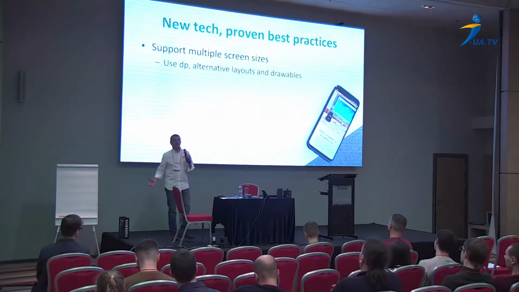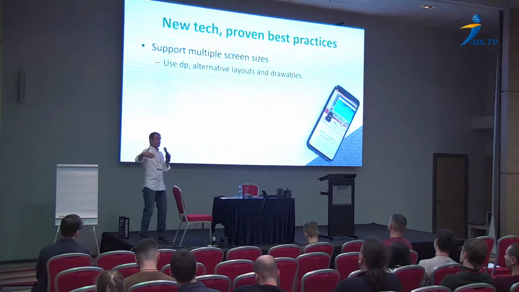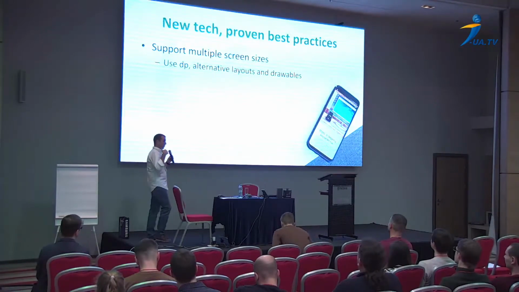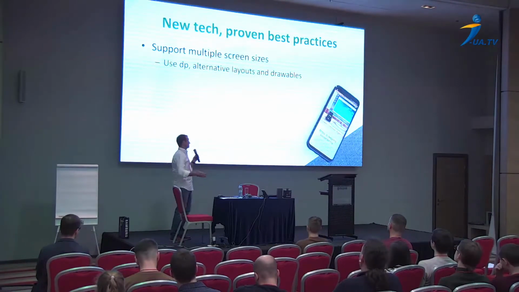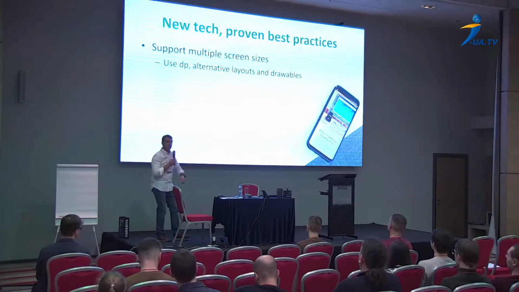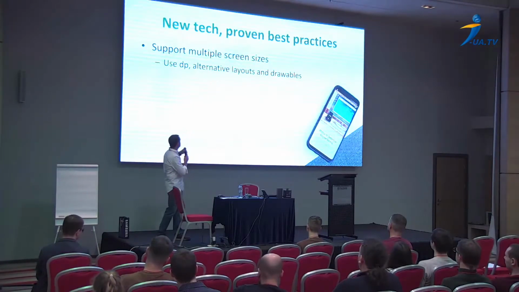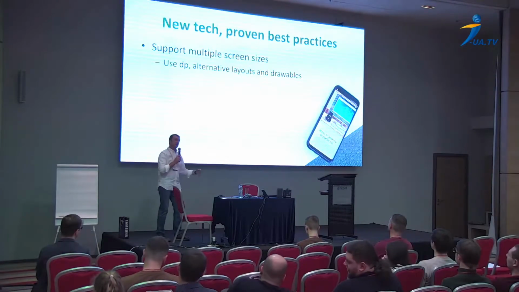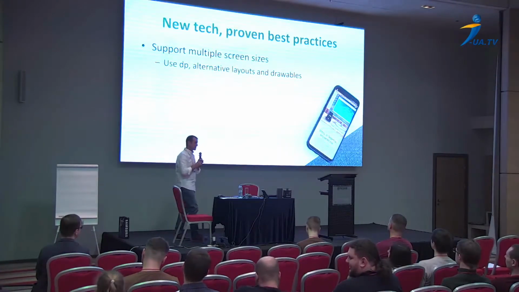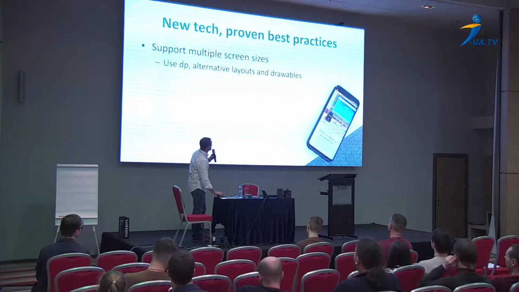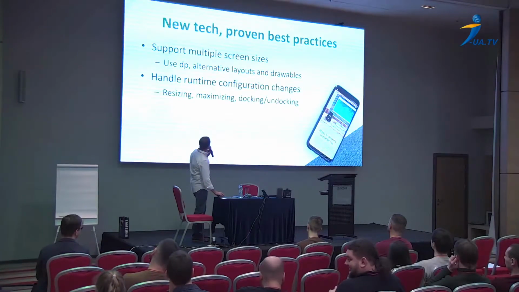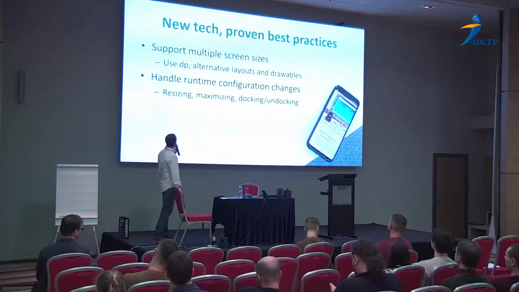Fortunately, even though it's a new evolution of user experience, we use all the same good, proven best practices, like using density pixels instead of physical pixels. We use alternate layouts and alternate resources like drawables, screens and strings.